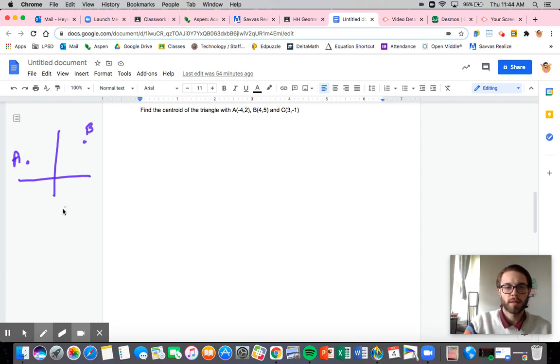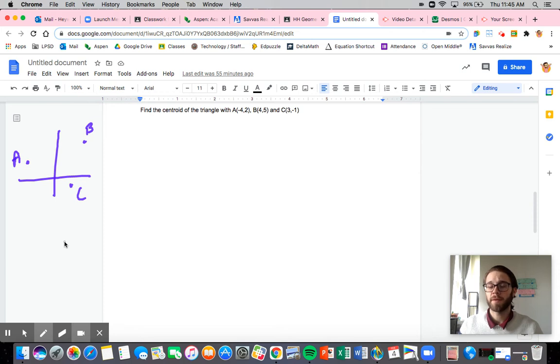All right, and then 3, -1. So this doesn't immediately jump out at me in terms of anything that makes it easier, but that's okay because on a median, we don't necessarily care if the side is horizontal or vertical. We care if the median would be horizontal or vertical, and that would make our life easier.